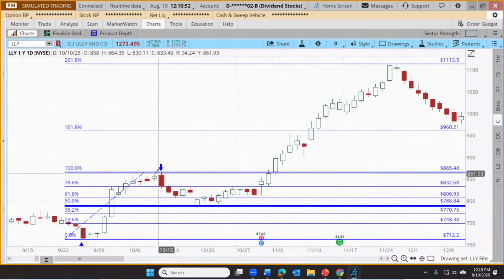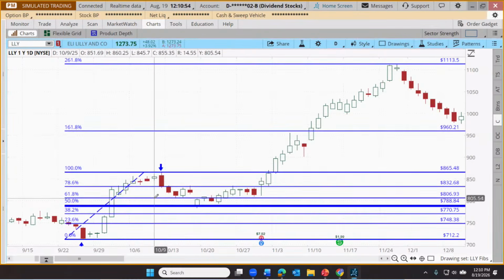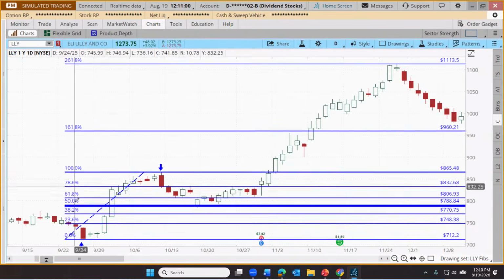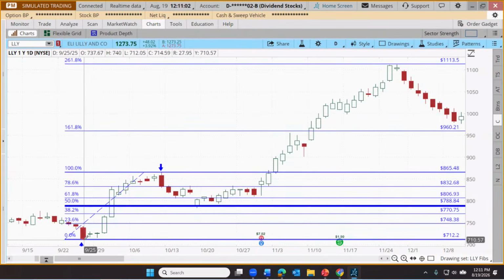So in this case, that would have us pull back to somewhere between the 61.8, approximately 1/3 of that 100% move to the upside, meaning from this low to that high, there's our move.